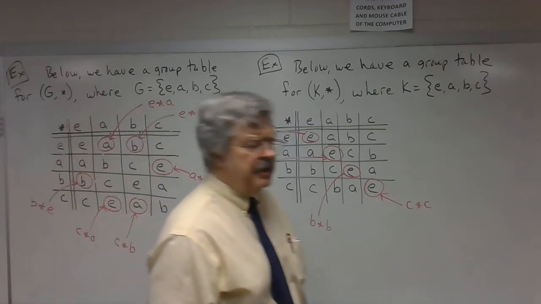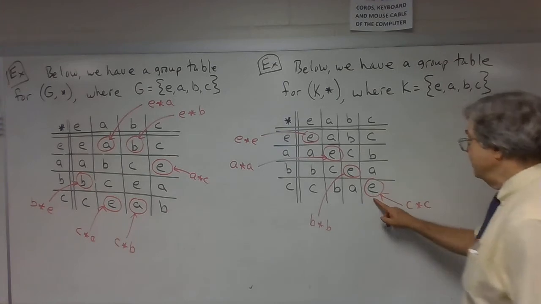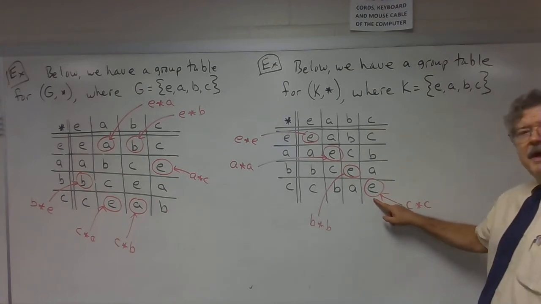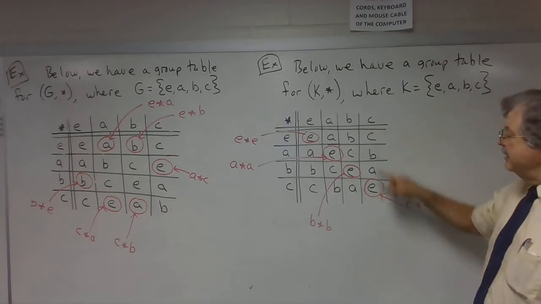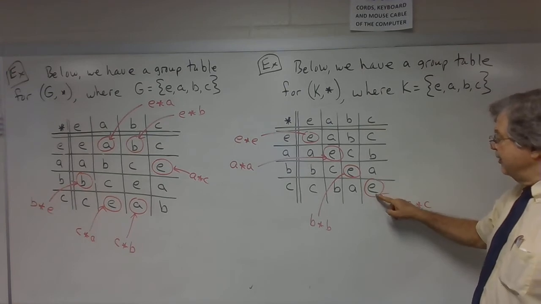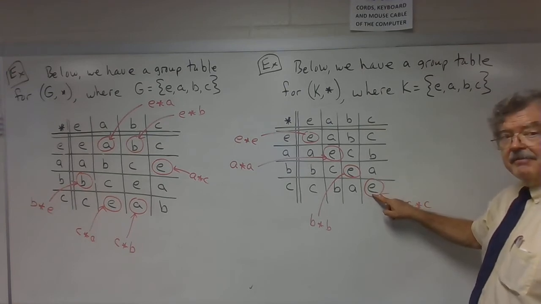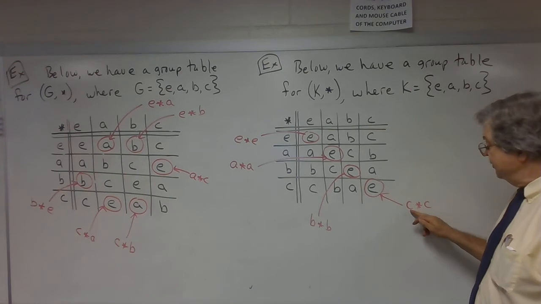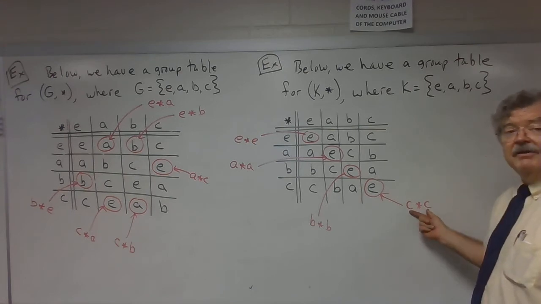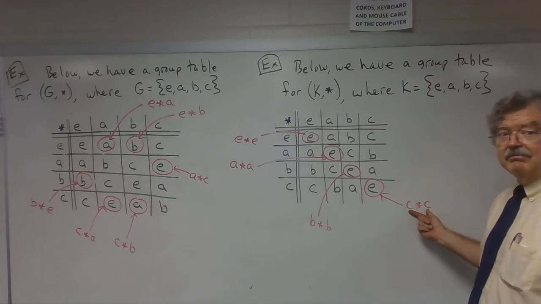What about over here? This is in the row headed by C and the column headed by C. So this is the element, the identity, that's assigned to C star C. In other words, C is its own inverse.